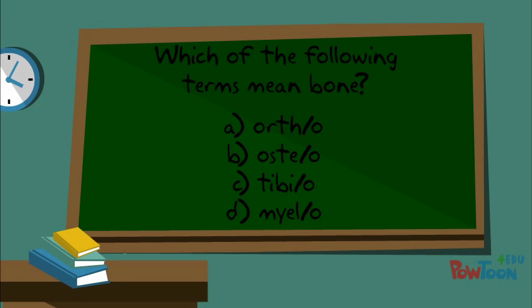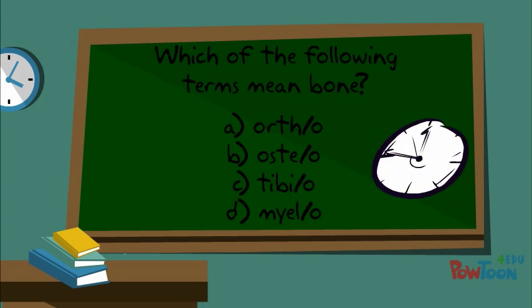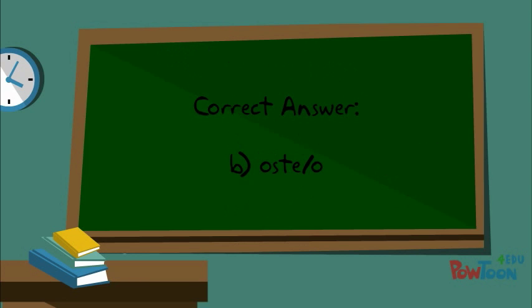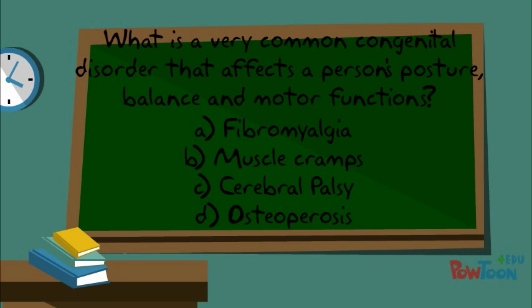Which of the following terms means bone? That's right, the correct answer is B, osteo. What is a very common congenital disorder that affects a person's posture, balance, and motor functions?